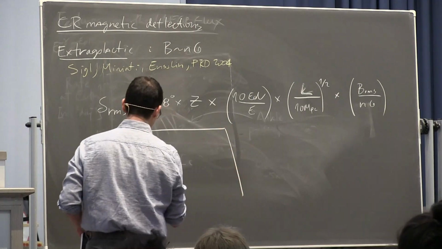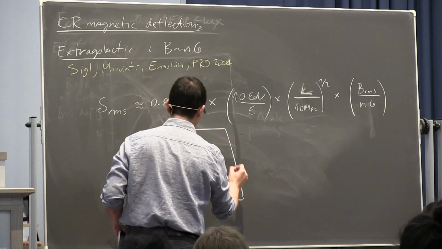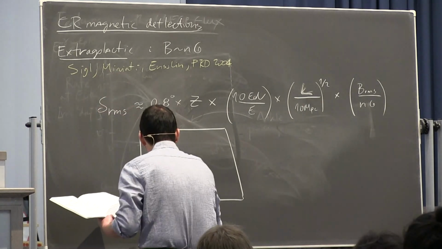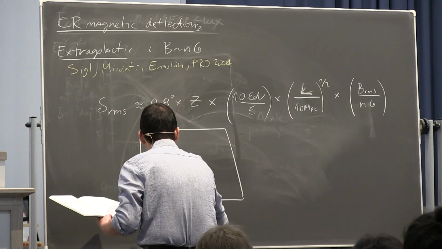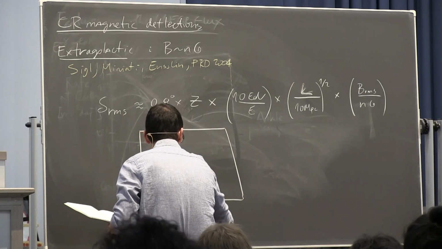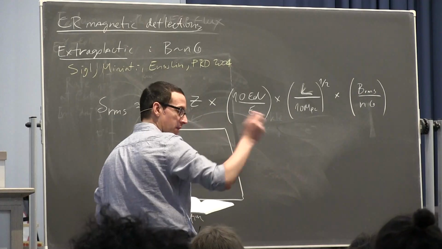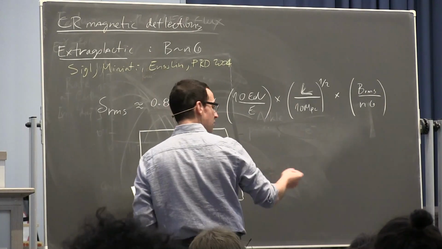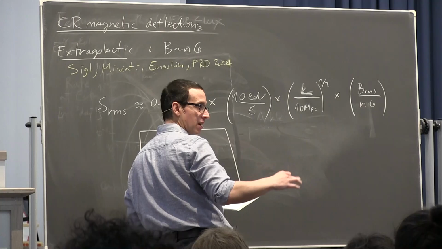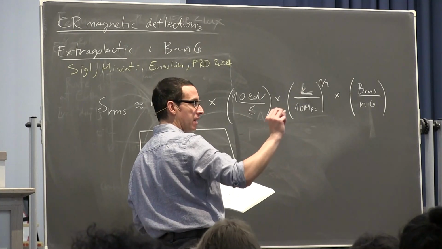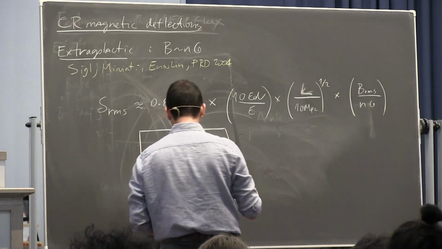simulate this, which I cannot do on the board, but I can draw the results of, you find a distribution of deflection angles. So now it's not just the root mean square. From a sample of cosmic rays thrown from a population of sources, you can measure the distribution of the deflection angle between their original straight-line direction and the direction they end up having once they reach the Earth.